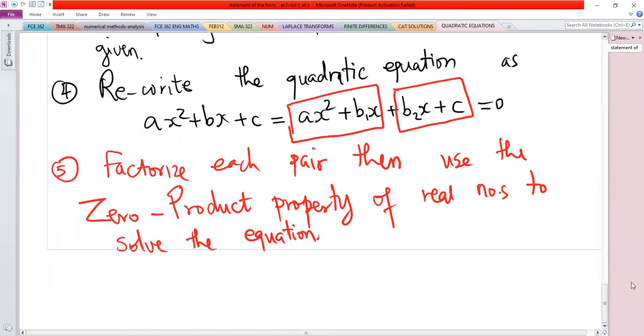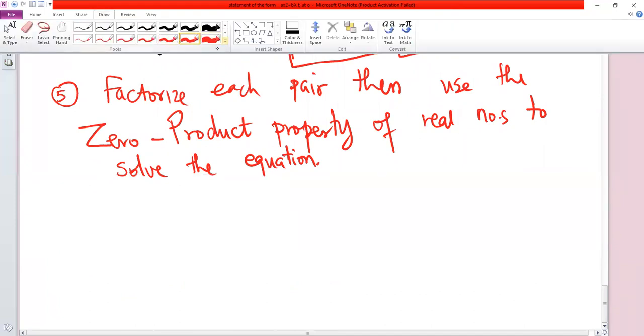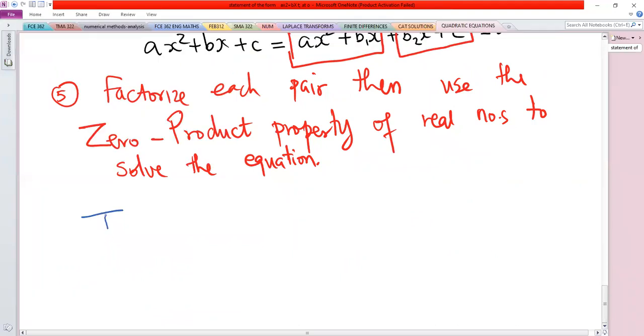Now, this leads us to define what we mean by the zero product property of real numbers.